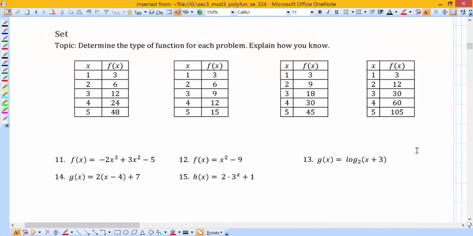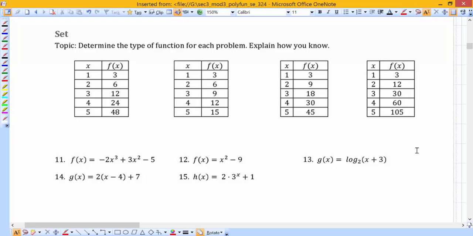Now the set is very, very similar to what we've done in class. So determine the type of function and then explain how you know. In class, as we've been working on the task, we've been looking at the differences.